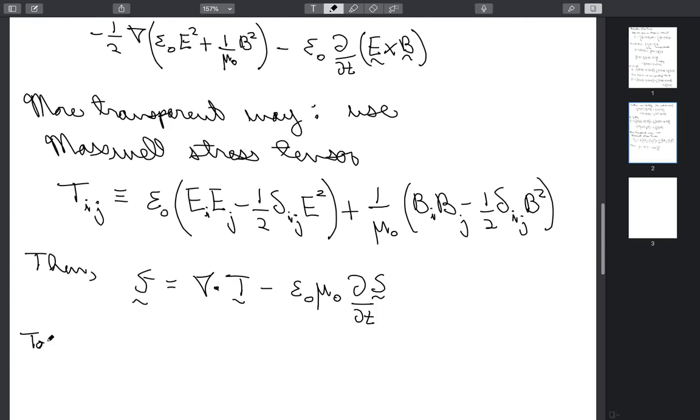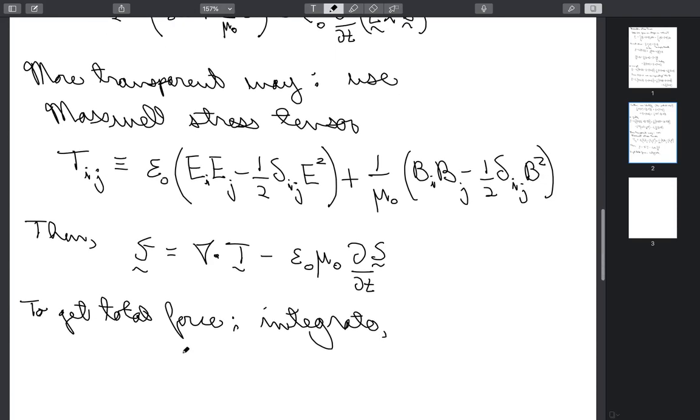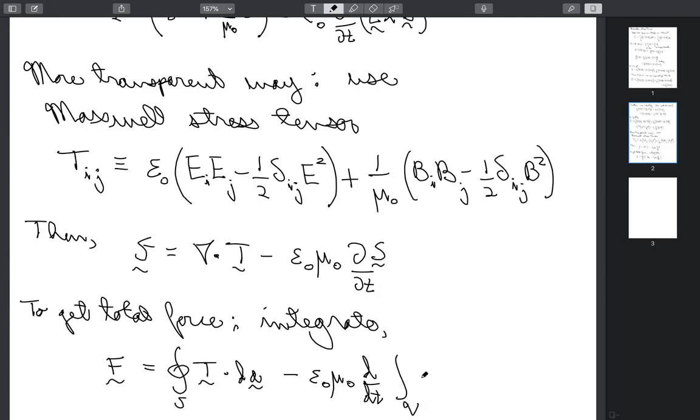So to get the total force, we just integrate, and what we get simply is that the total force is equal to, if I just use the divergence theorem on this one here, I do the volume integral but apply the divergence theorem immediately, T dotted into dA, minus epsilon 0 mu 0 and the time derivative of the integral over the volume of the Poynting vector d tau.